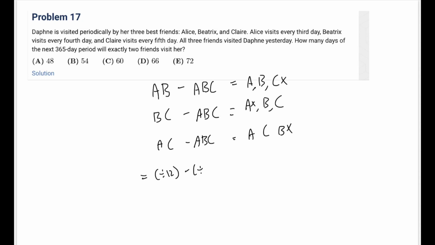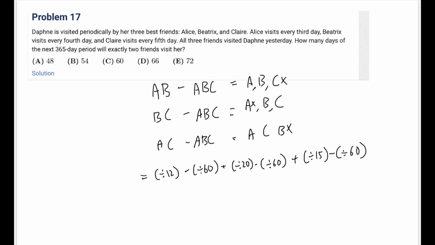Minus divided by 60, and then plus BC is 4 and 5, so it's divided by 20, minus divided by 60, plus AC minus ABC, that is 3rd and 5th, so it's divided by 15, minus, and then third, fourth, and fifth. That is also minus divided by 60.